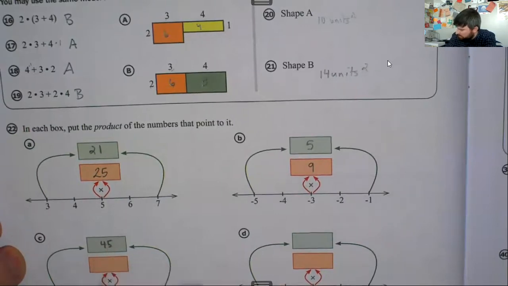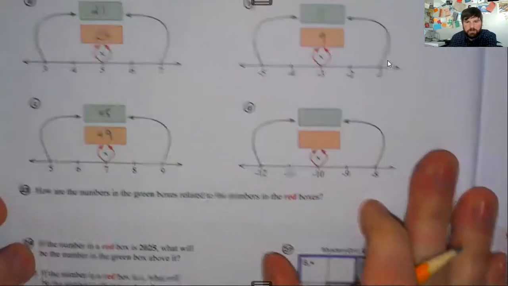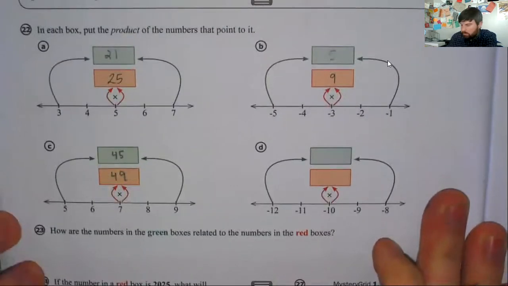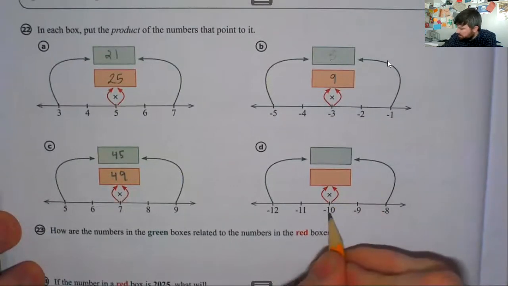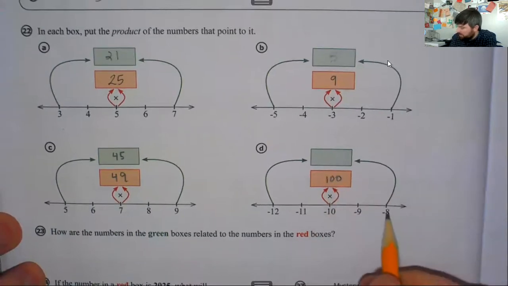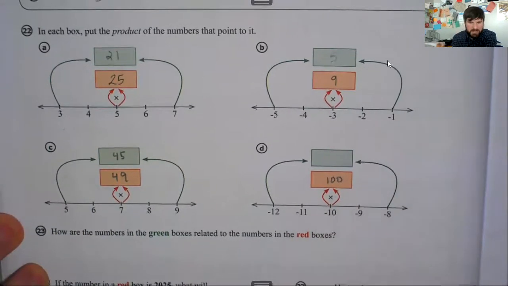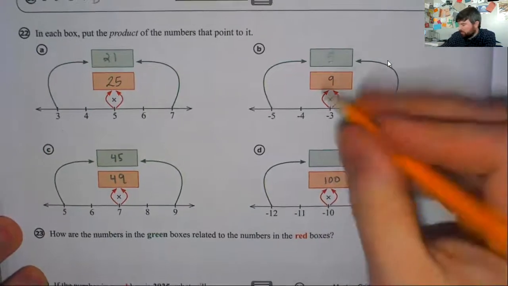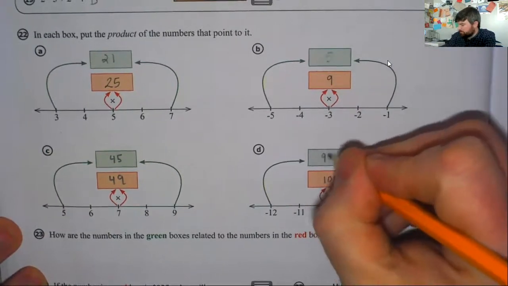And 7 times 7 is 49. All of these being multiplication facts that you should be comfortable with. Negative 10 times negative 10 is 100. And negative 8 times negative 12, maybe not so comfortable on that one, is 96.